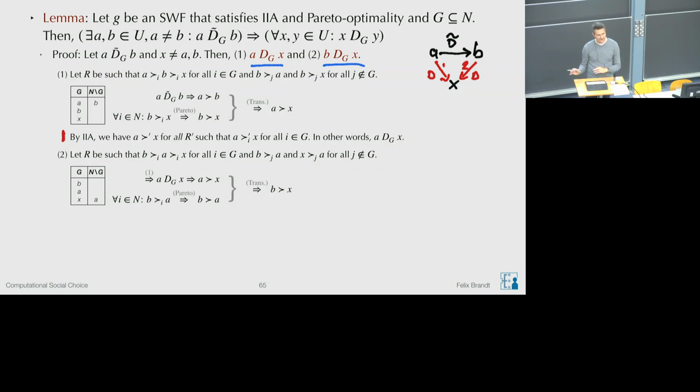So that means in all other preference profiles where B and X are ranked just like in here, the collective ranking has to be the same. That's IIA.